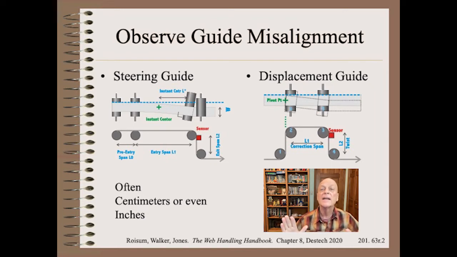Not only that, in the process, the web is shifted sideways by centimeters or even inches. Not only that, the unwind and winder guides act momentarily misaligned when they move, and they too can move the web centimeters or even inches.